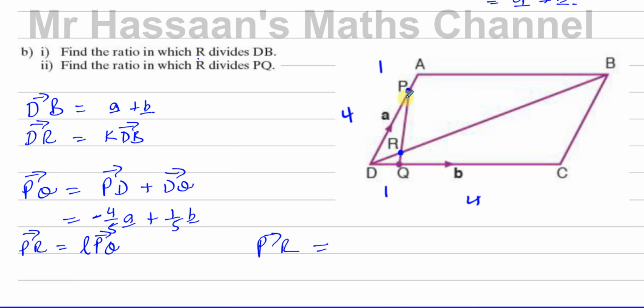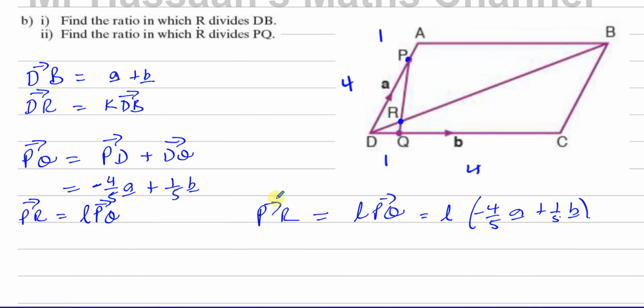I'll go directly, which is L times P to Q, which will be equal to L times (minus 4/5 A plus 1/5 B). That's one way of getting P to R.